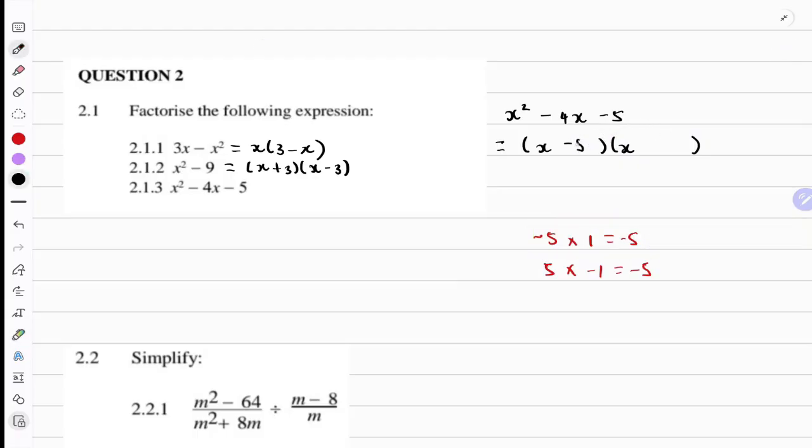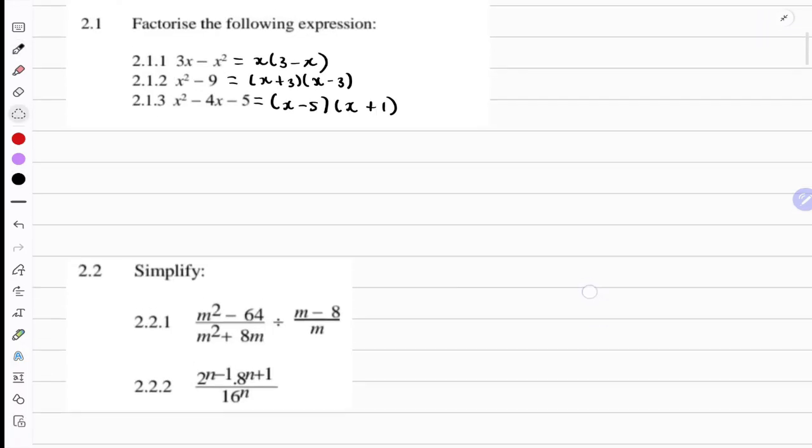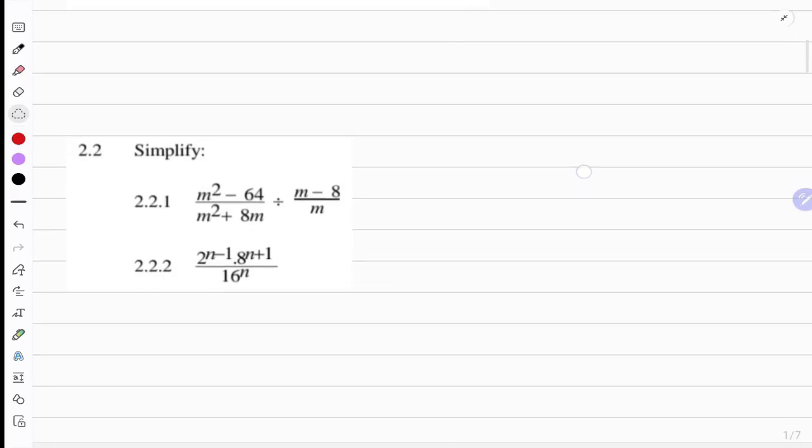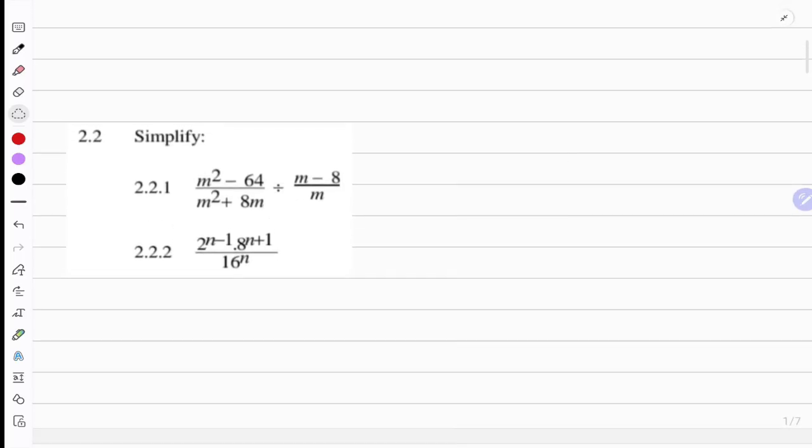So we can say it's -5 and +1. Moving on to 2.2, they want us to simplify. For 2.2.1, we have (m squared minus 64) over (m squared plus 8m), divided by (m minus 8) over m.